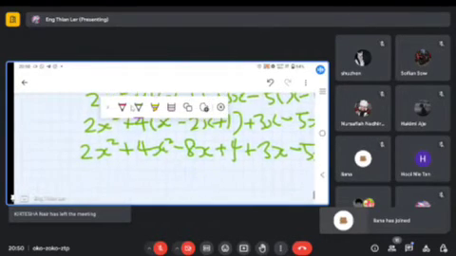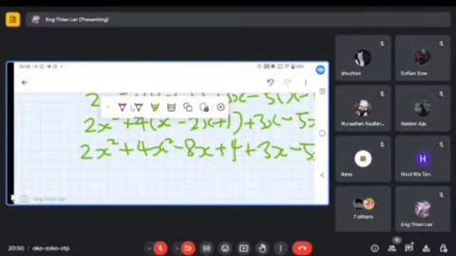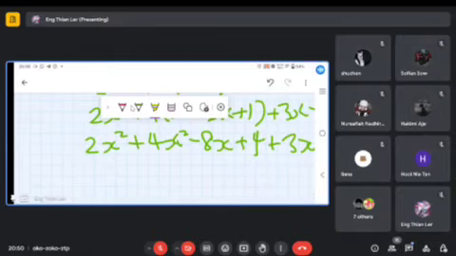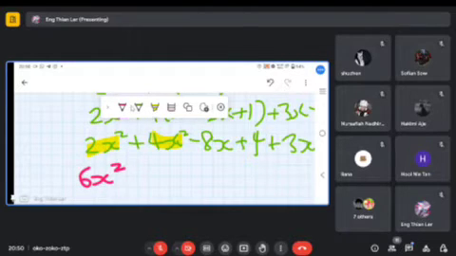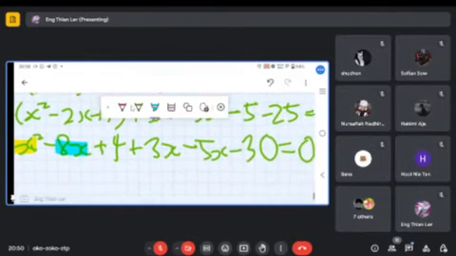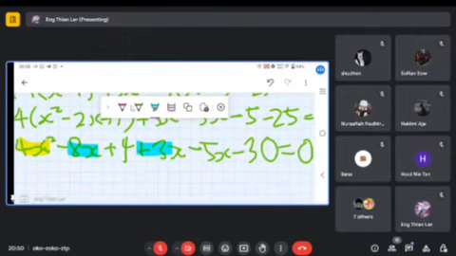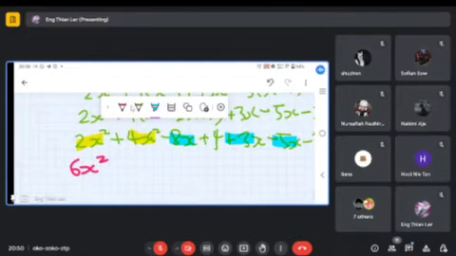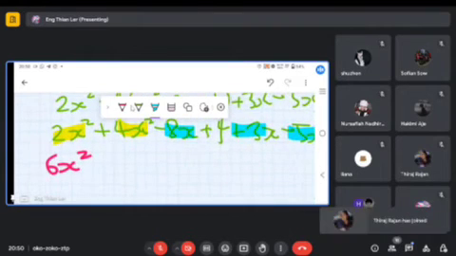Now we gather all the x squared, x and the numbers, checking one by one. We have 2x squared and 4x squared, which gives us 6x squared. For the x terms, we have negative 8x plus 3x minus 5x, which gives us negative 10x.